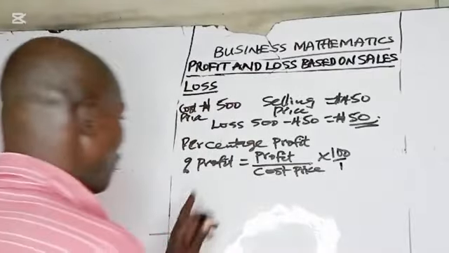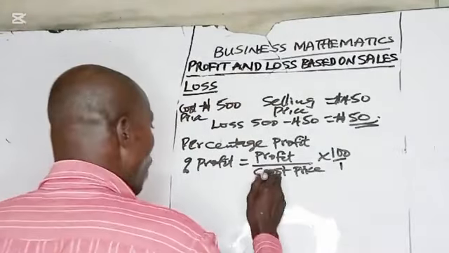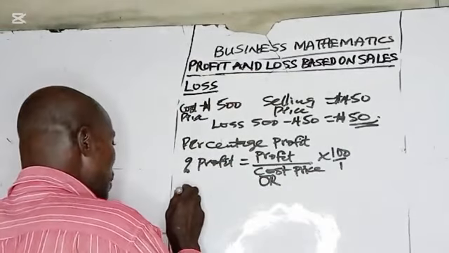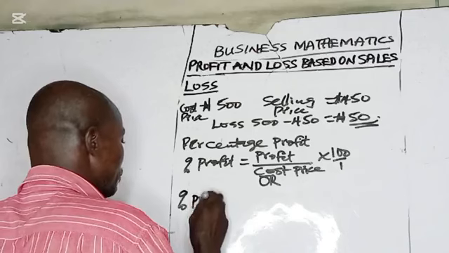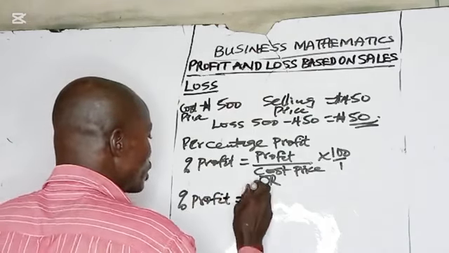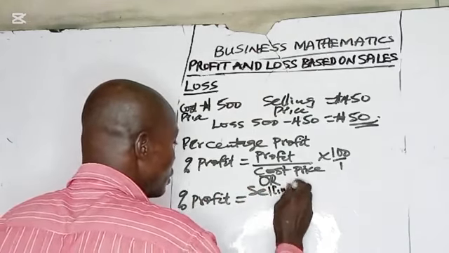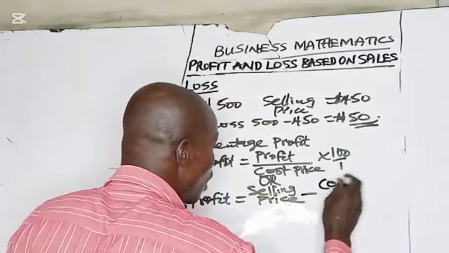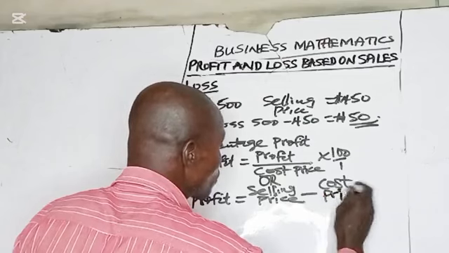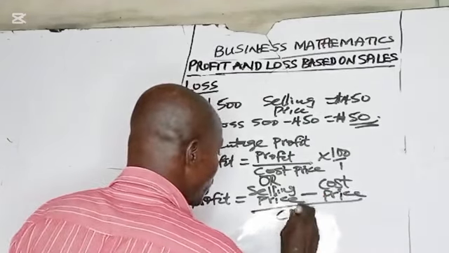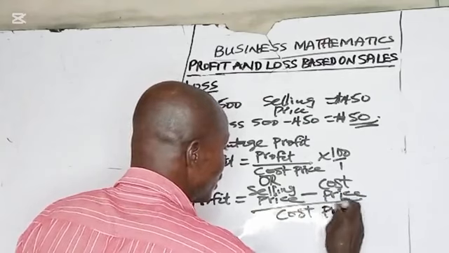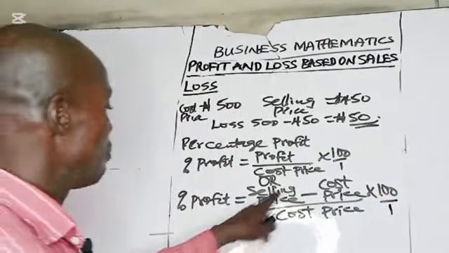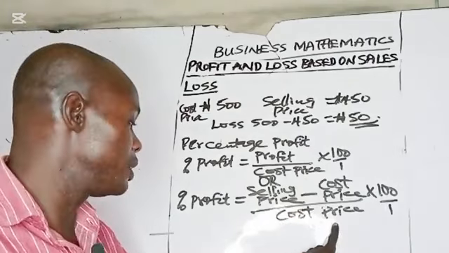Or you can say, since profit equals selling price minus cost price, percentage profit equals selling price minus cost price over cost price times 100 over 1. SP minus CP over CP.